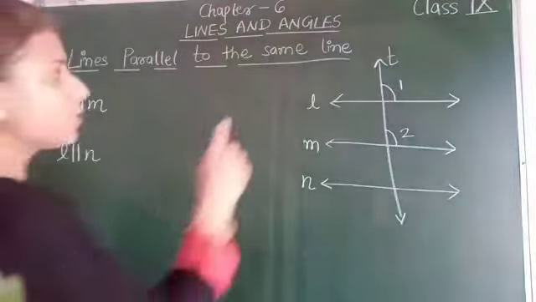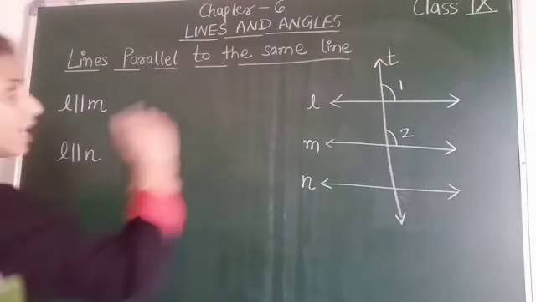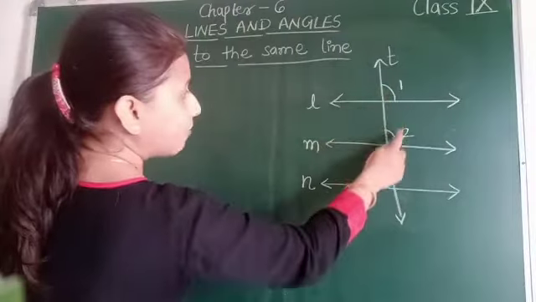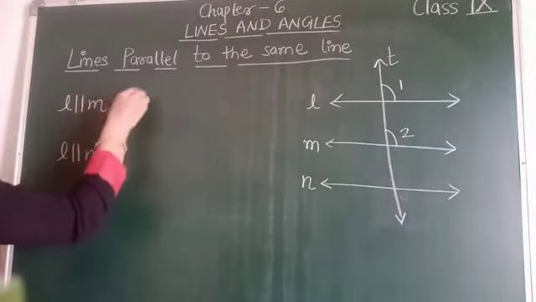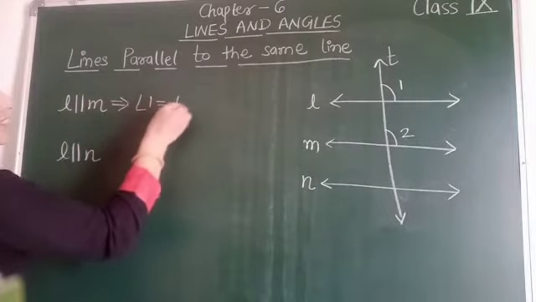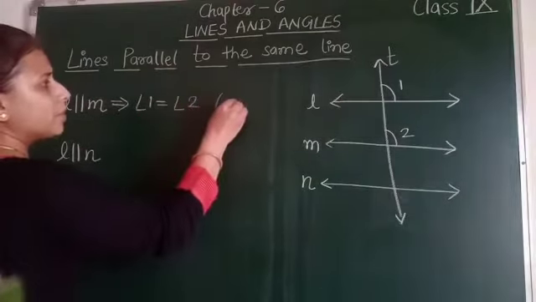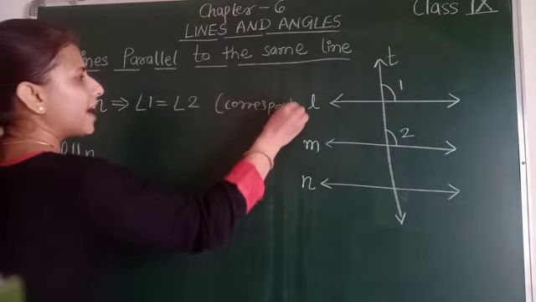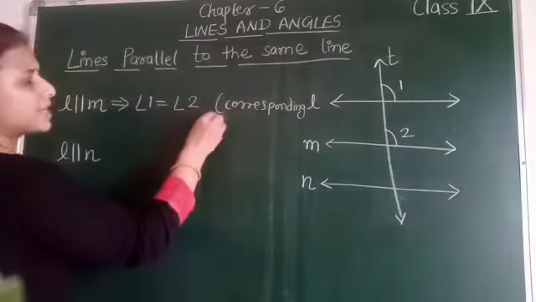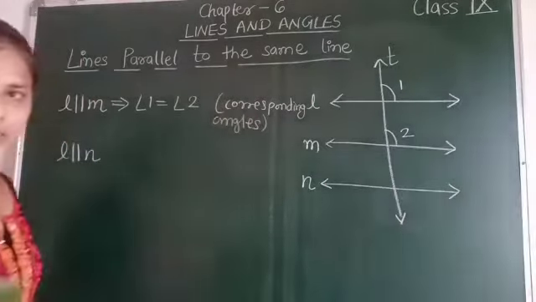Since line L is parallel to line M, angle 1 will equal angle 2, because these are corresponding angles, and we know when two lines are parallel, corresponding angles are equal.